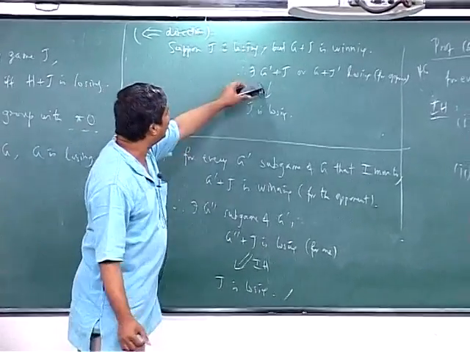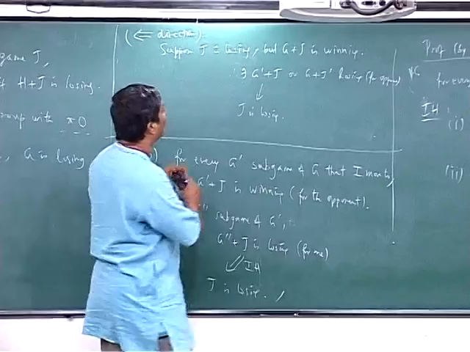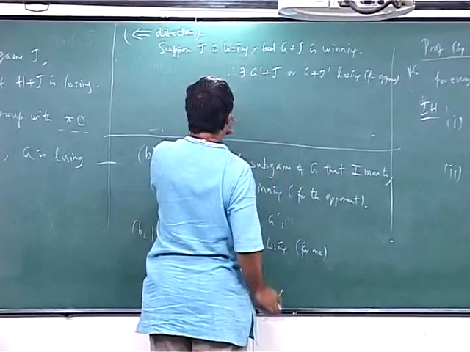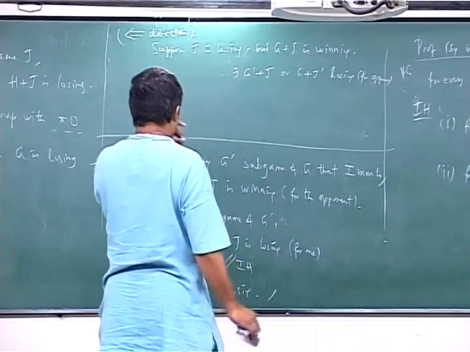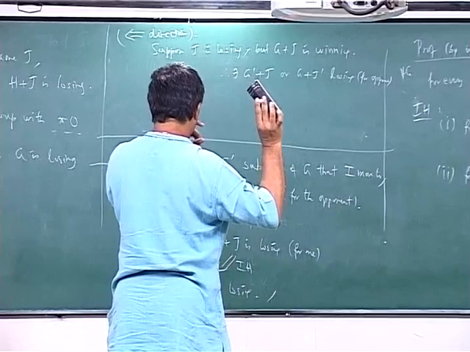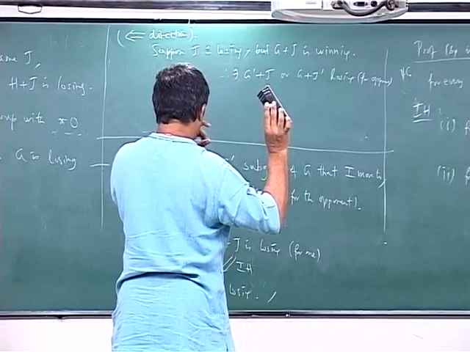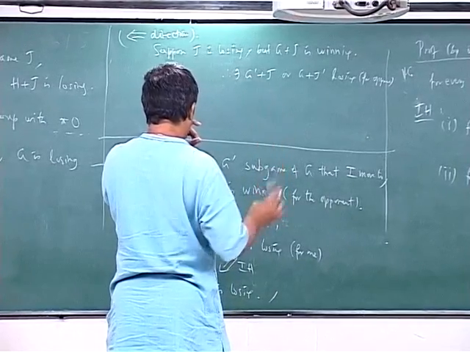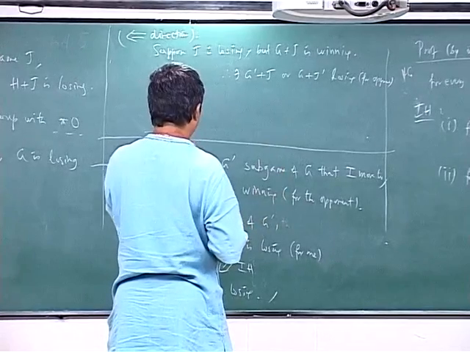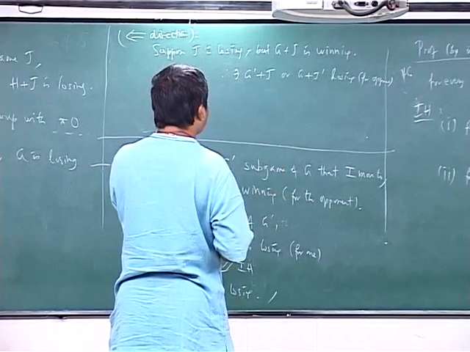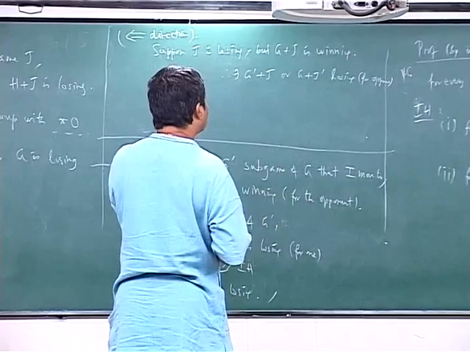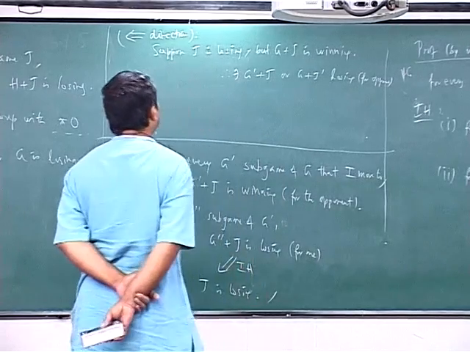In this, I immediately get... Wait. One second. Let me just get this clear. Suppose J is losing. I want to show that G plus J is winning.